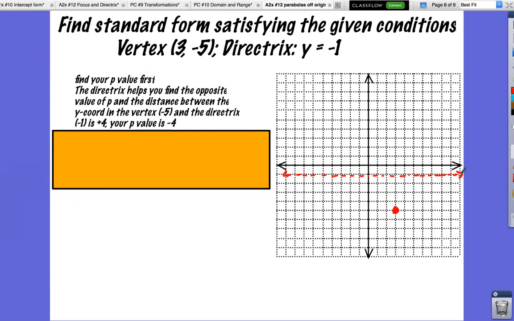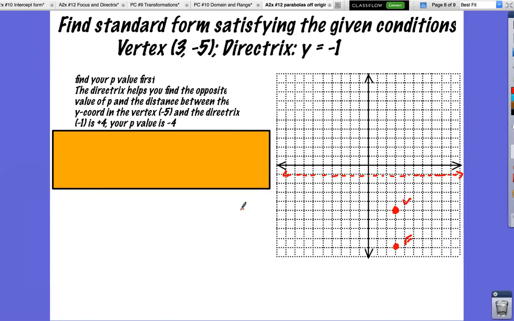So all I've done is I graphed the vertex and I put the directrix up there. So you guys can easily make sense of this problem before you ever do it. This is my vertex. How many steps is it from my vertex to my directrix? 4. So I have to go 4 in the other way. 1, 2, 3, 4 to find my focus.